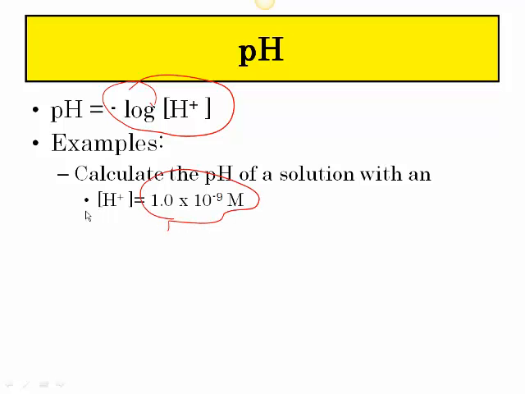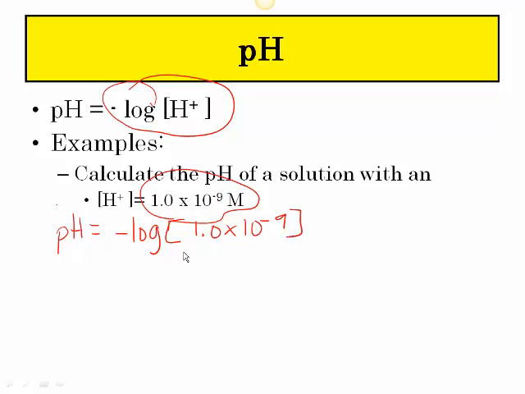So basically your equation is pH is equal to the negative log of our H plus. So in this case the concentration is 1 times 10 to the negative 9th.